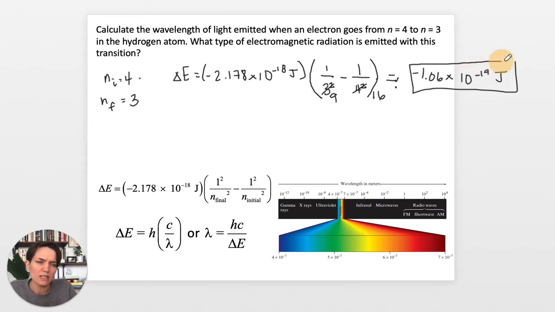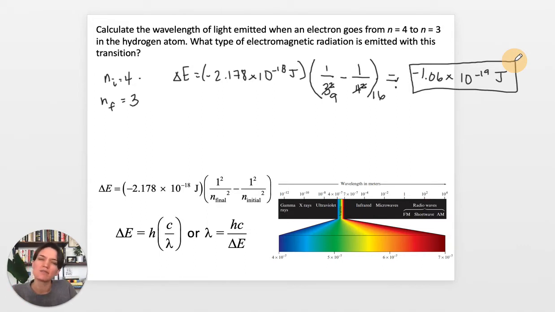Okay, so what does this number represent? That number represents the energy that is lost by the electron as it moves from n equals 4 to n equals 3. It becomes more stable, so it's giving off that energy. Moving forward, when we answer what type of electromagnetic radiation is emitted, which really means what wavelength is it, you can't figure out one without the other, we are going to just ignore that negative.